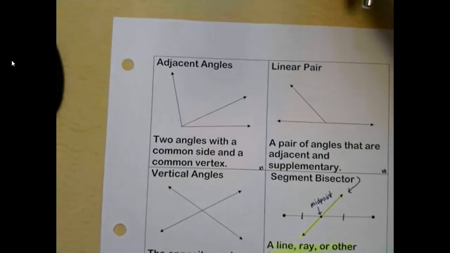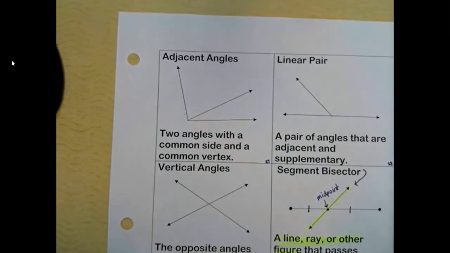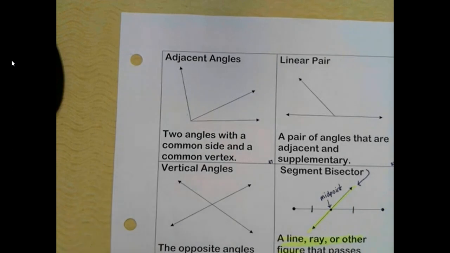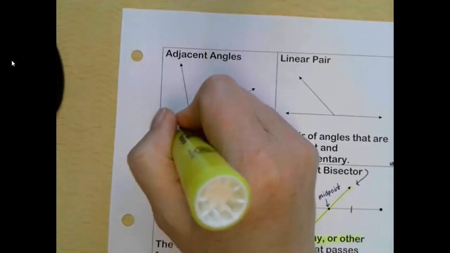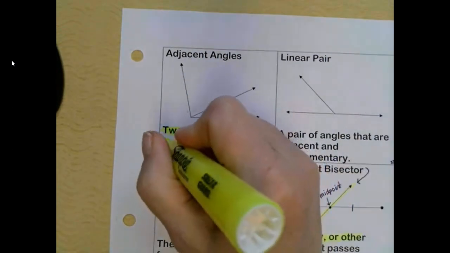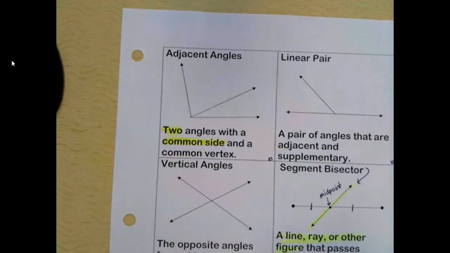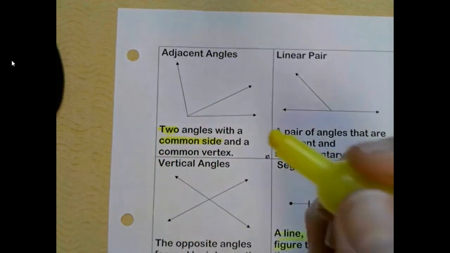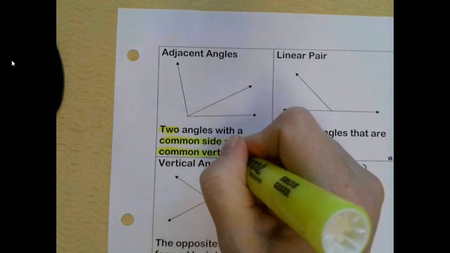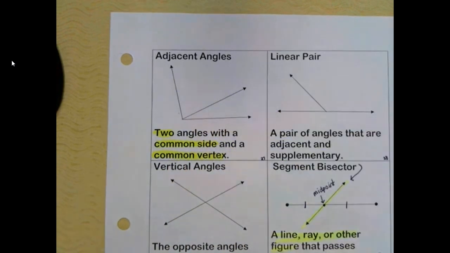Okay, then we have what's called adjacent. I'm going to go ahead and tell you, students struggle with adjacent angles. They forget the definition. A pair of adjacent angles are 2 angles that have a common side, and they share a common vertex.